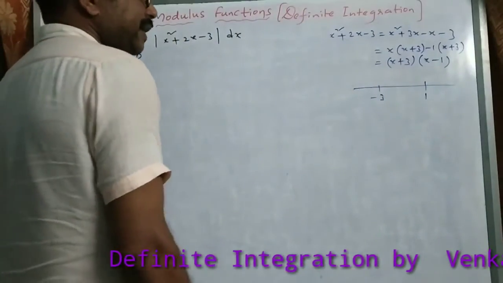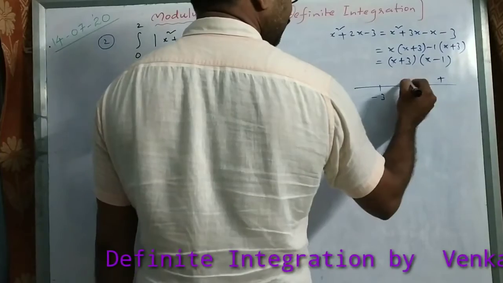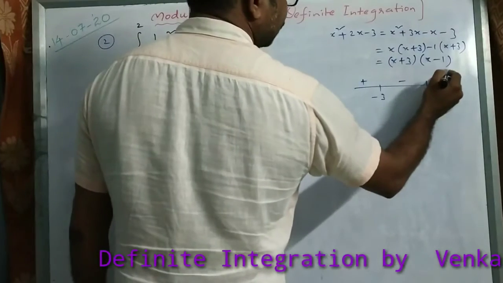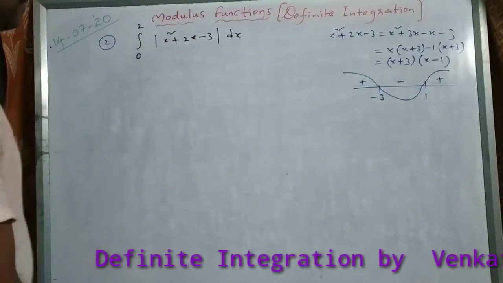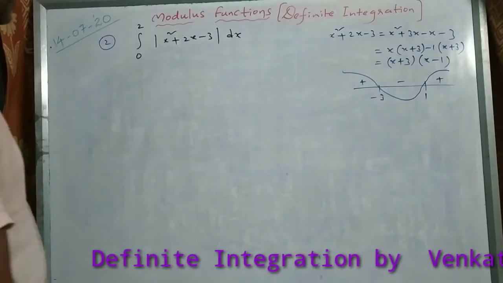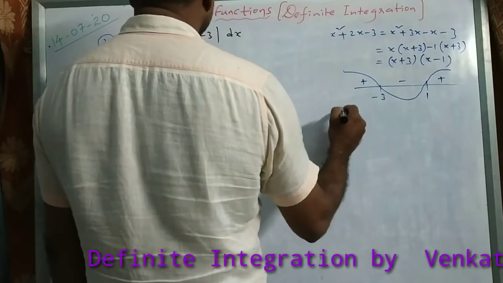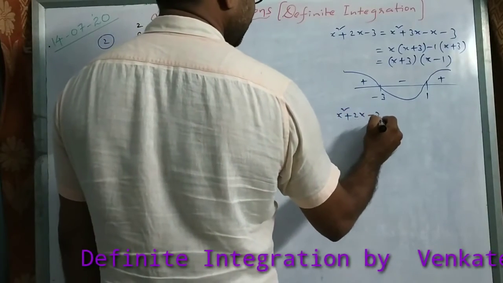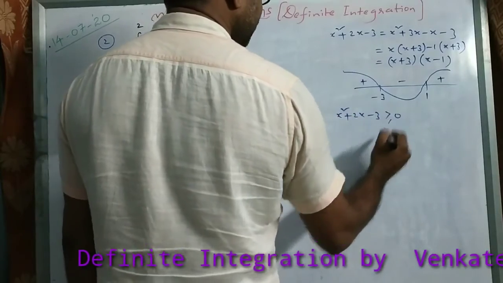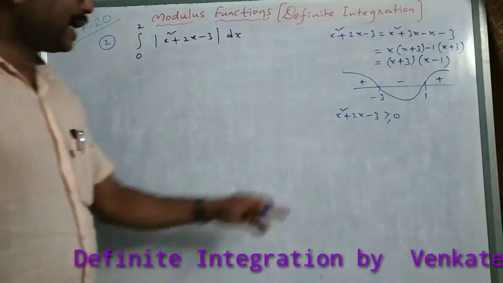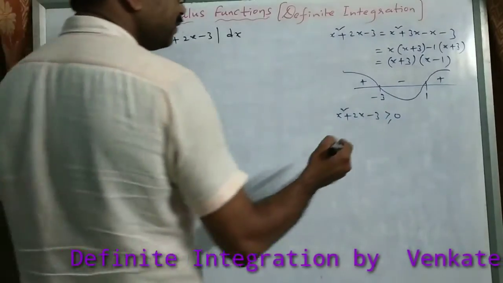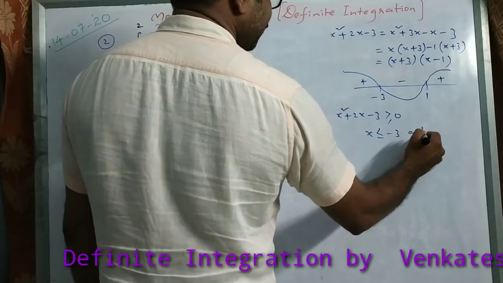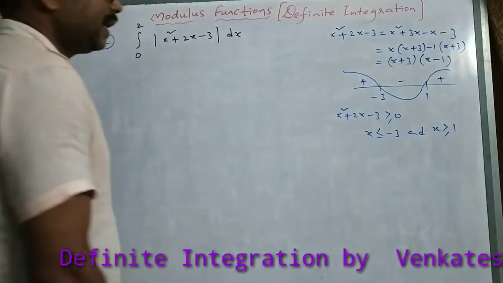Okay. So by wavy curve method, it is positive above, then minus, plus alternatively. When do we take it as positive? x square plus 2x minus 3 greater than or equal to 0, which means positive, if x is less than or equal to minus 3 and x is more than or equal to 1.